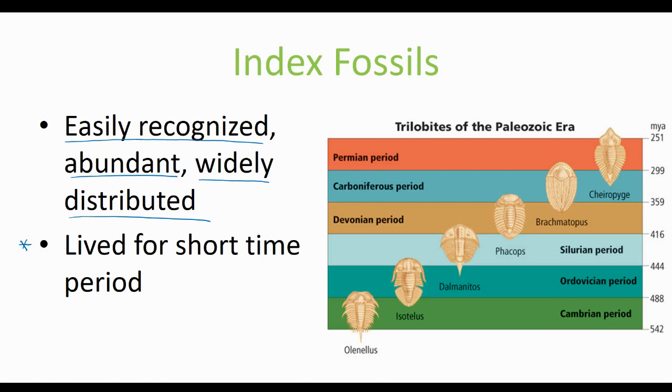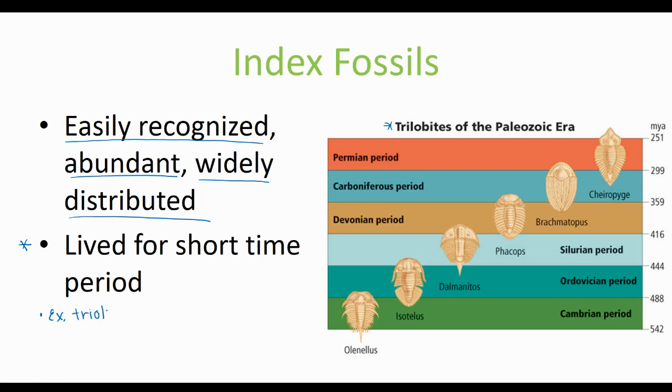So an index fossil is an index fossil because when we see that fossil in a particular rock, we automatically know that rock is from the same period of this fossil, because that was the only period that this fossil lived in.